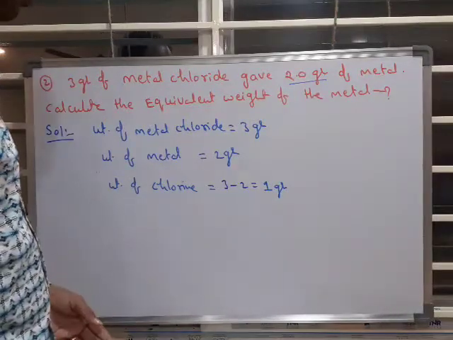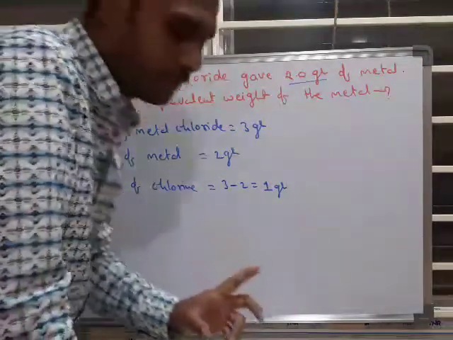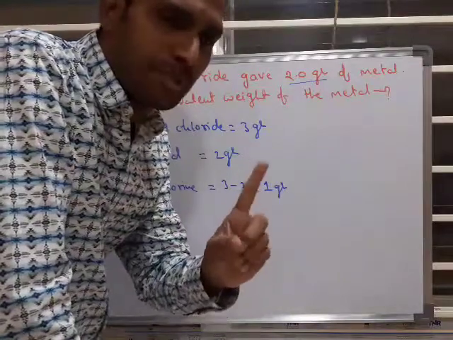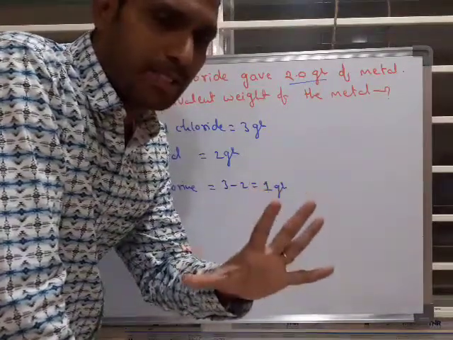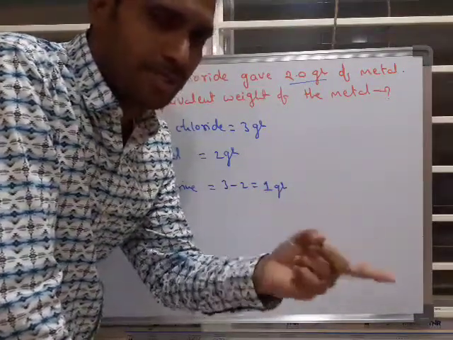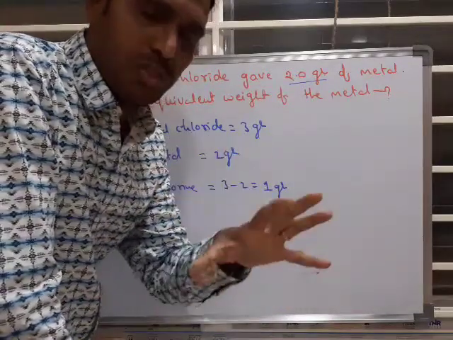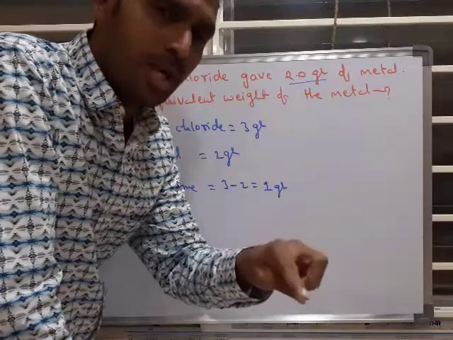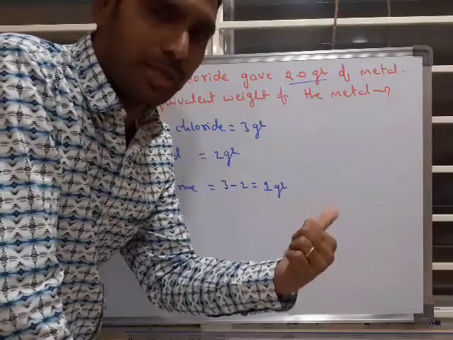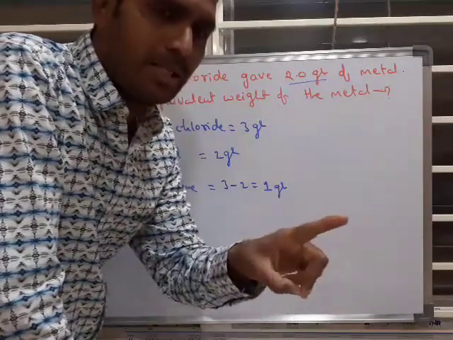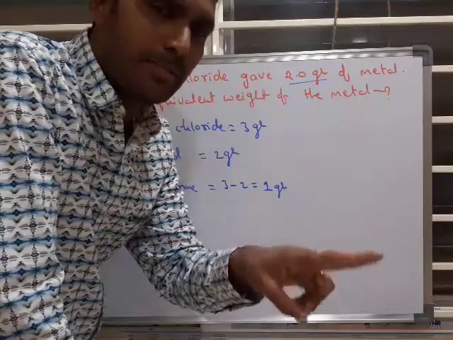After knowing this, what are the reactants? Starting metal chloride giving metal plus chlorine. So metal plus chlorine combined give metal chloride. Metal and chlorine both are present in the products.